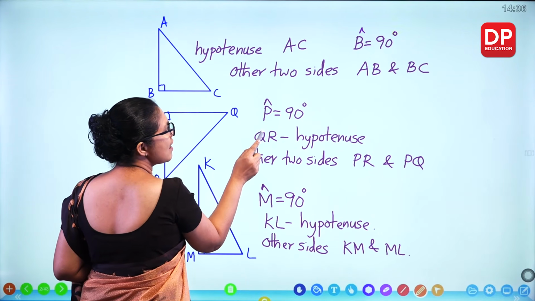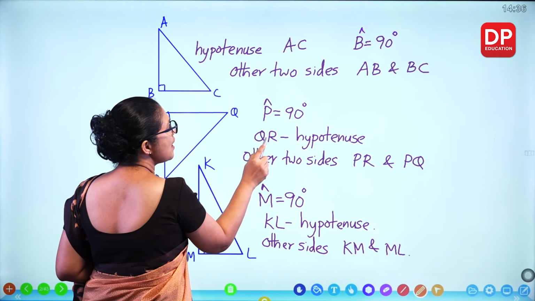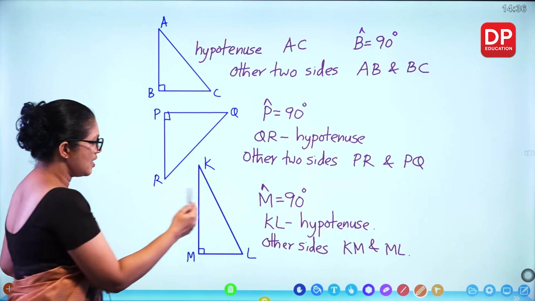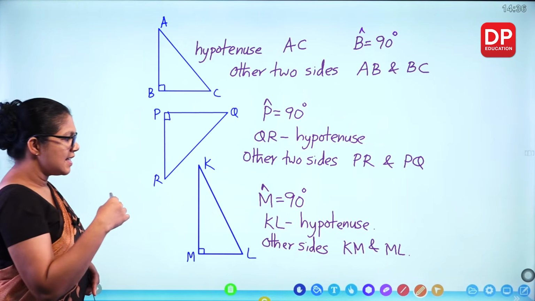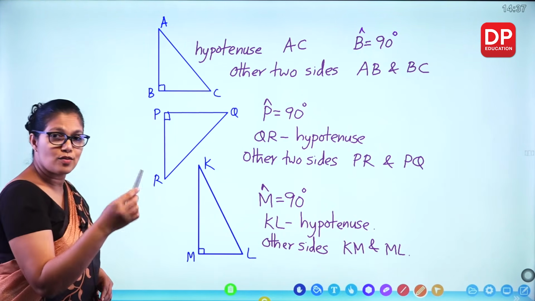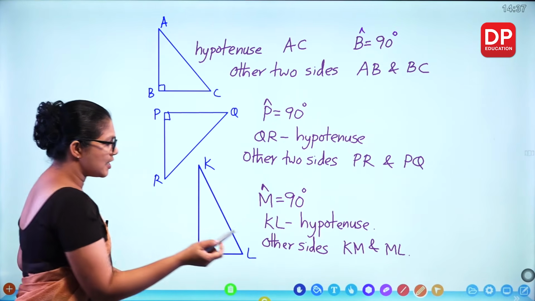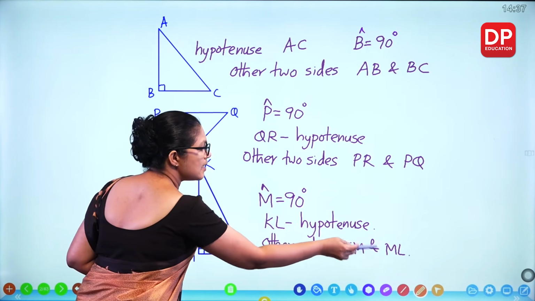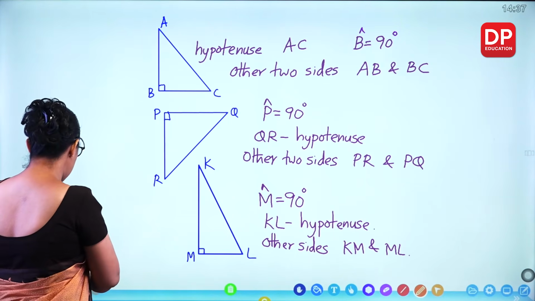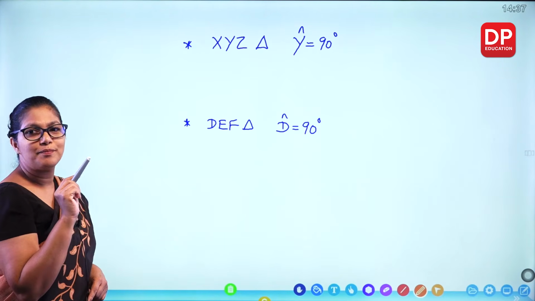QP or PQ and PR. You can connect P with the other sides. M is 90 degrees. Then without the M letter, the other two letters come in the hypotenuse, and for the other sides, M comes.